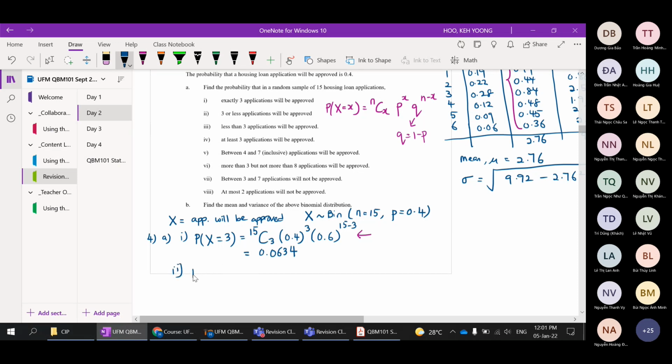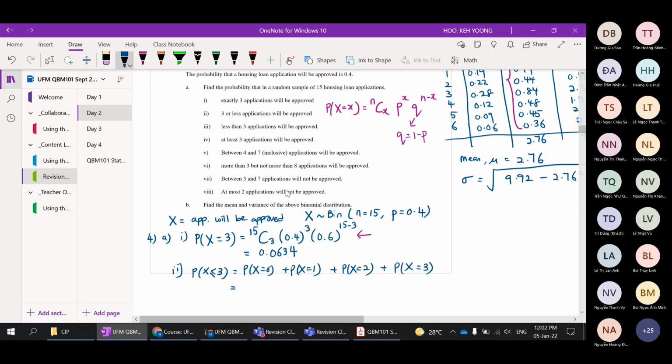3 or less will be approved. So x less than 3, you could have the probability of x equals 0, x equals 1, x equals 2. Sorry, 3 or less means less than or equal to 3, so you could have x equals 3. Either you use the formulas or you refer to the table.